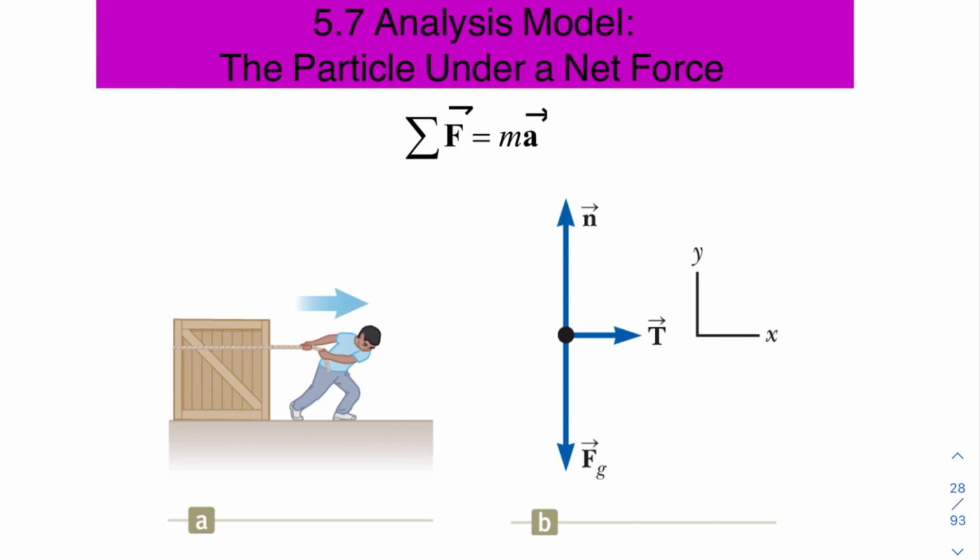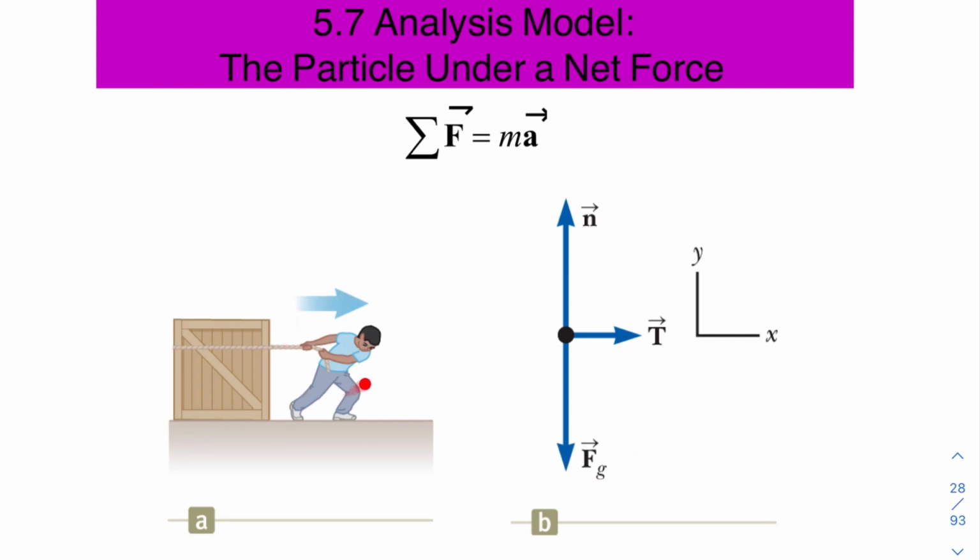Now, if there is a net force acting on our object, say the box here on the floor, there must be a normal force upward because there is a contact surface touching it. Then this object is also experiencing an attractive force to the center of the earth, also known as weight.